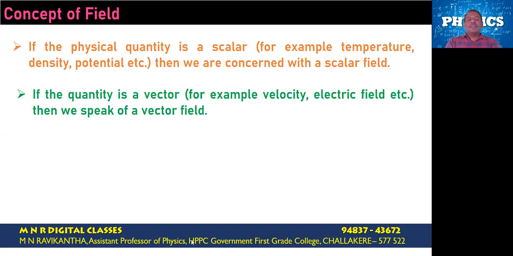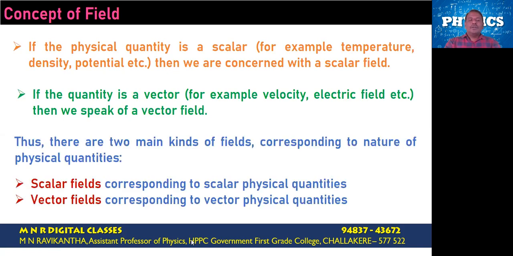Similarly, if the physical quantity is a vector quantity, such as velocity, electric field, etc., then we speak of a vector field. So from the above discussion, it is clear that we have two main kinds of fields corresponding to the nature of physical quantities: scalar fields corresponding to scalar physical quantities, and vector fields corresponding to vector physical quantities.